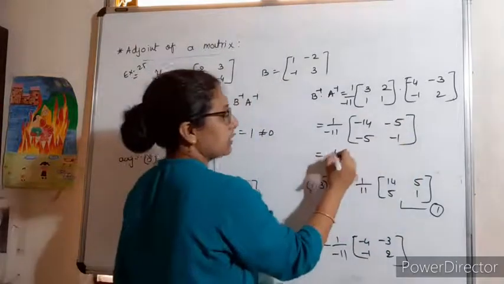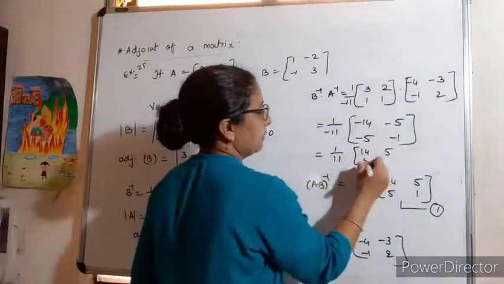Take out common minus. 1 upon 11, 14 5 5 1.